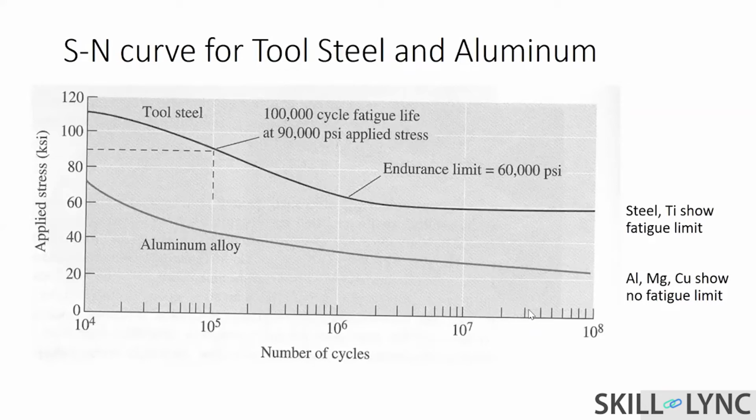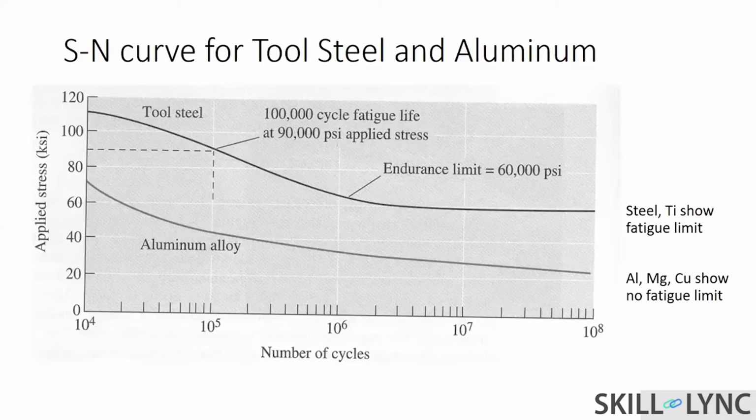Looking at the plot again, you have stress on the y-axis and number of cycles on the x-axis. So what does it say here? Let's say the load we apply is 90 ksi. Let's take this spur gear. We apply this specific load and keep on repeating.